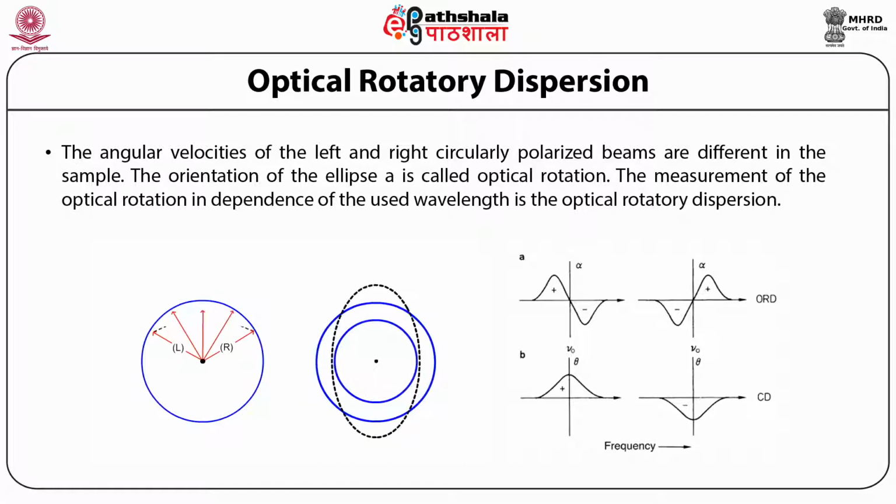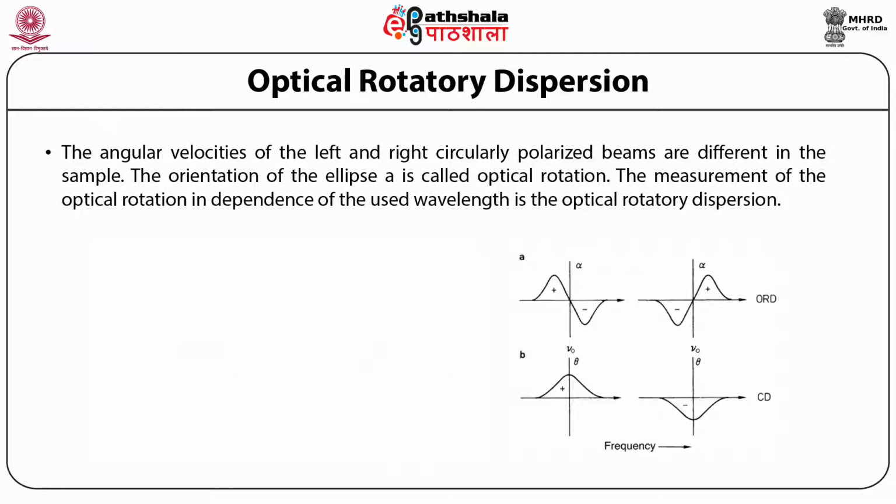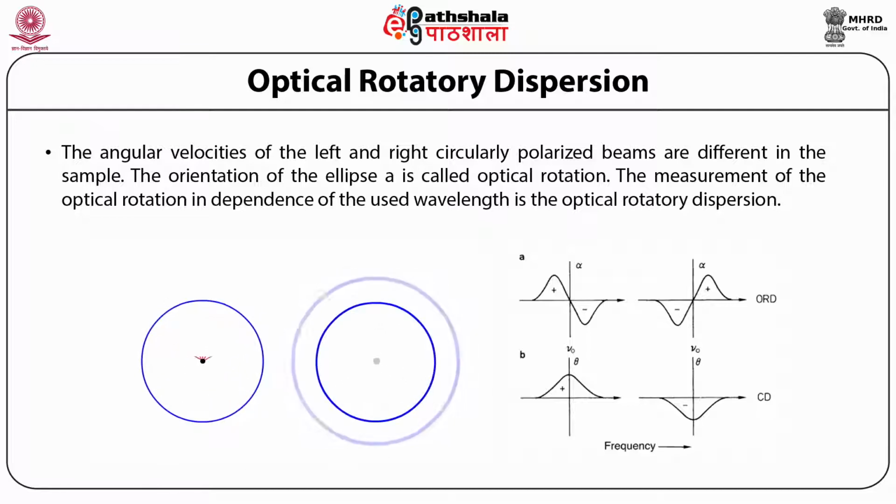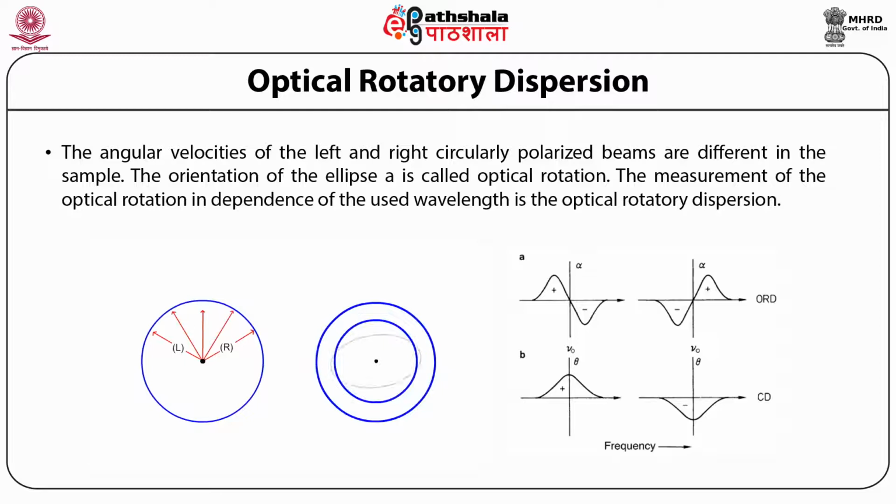It is defined by the angular velocities of the left and right circularly polarized beams being different in the sample. The orientation of the ellipse, alpha, is called optical rotation. The measurement of optical rotation as a function of the wavelength used is the optical rotatory dispersion.